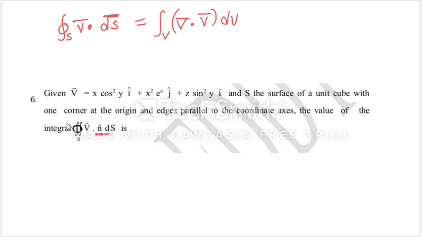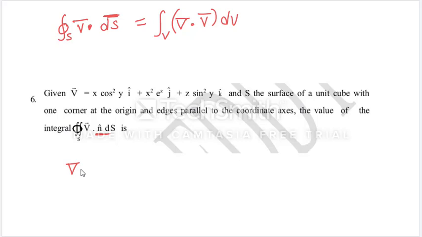Now here also we can use the divergence theorem: the closed surface integral of v bar dot ds, combining the n cap with the ds bar, equals the volume integral of del dot v dv. So we should find del dot v, the divergence.